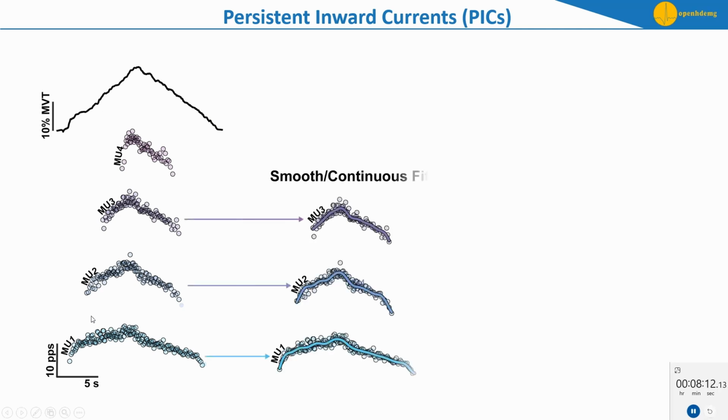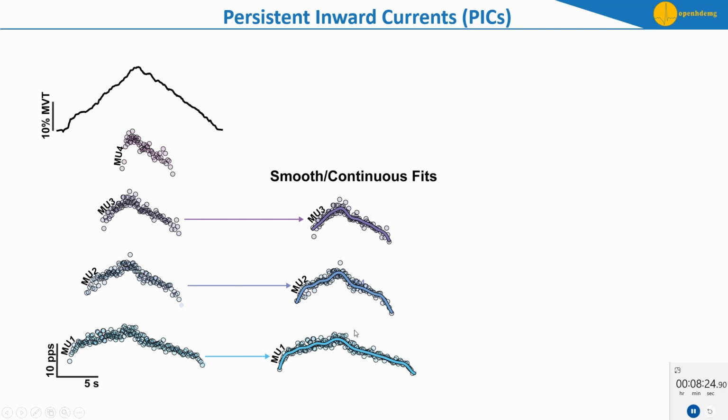And so here, programmatically, to quantify delta F, there are a couple of different approaches out there. They all generally start with the same first step. So you would have a trial. Here's your trial, and you have your instantaneous estimates of discharge. The first step would be to quantify smooth continuous estimates of discharge rate. We need smooth continuous discharge rates so that we can look at the difference between the discharge at test unit recruitment and de-recruitment.